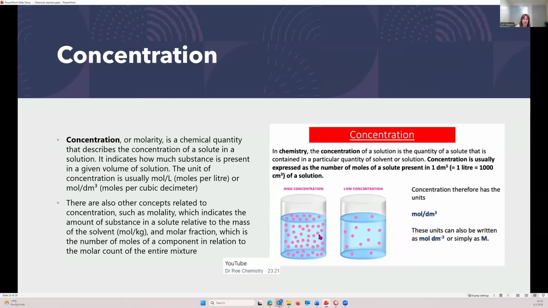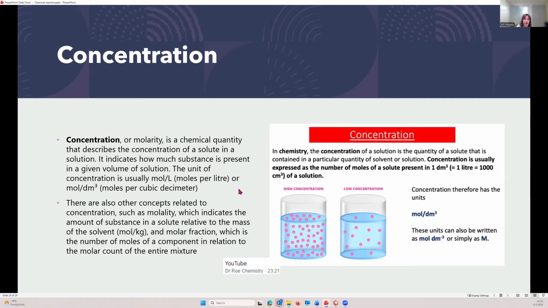And here it's being explained as well. This is a chemical quantity that describes the concentration of a solute in a solution, so how much substance is present in a given volume. The units are moles per liter or moles per cubic centimeter.